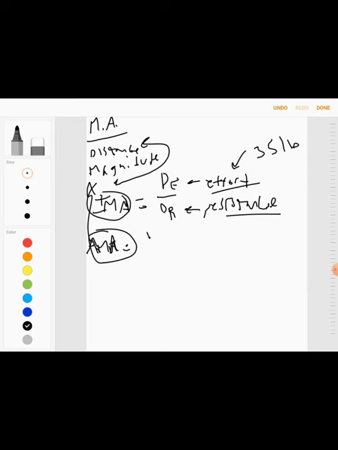The equation is F_R over F_E. This is the resistance on top and effort on bottom, so don't get confused. D is for distance. F is for force, basically force magnitudes. So those are the two aspects of that.